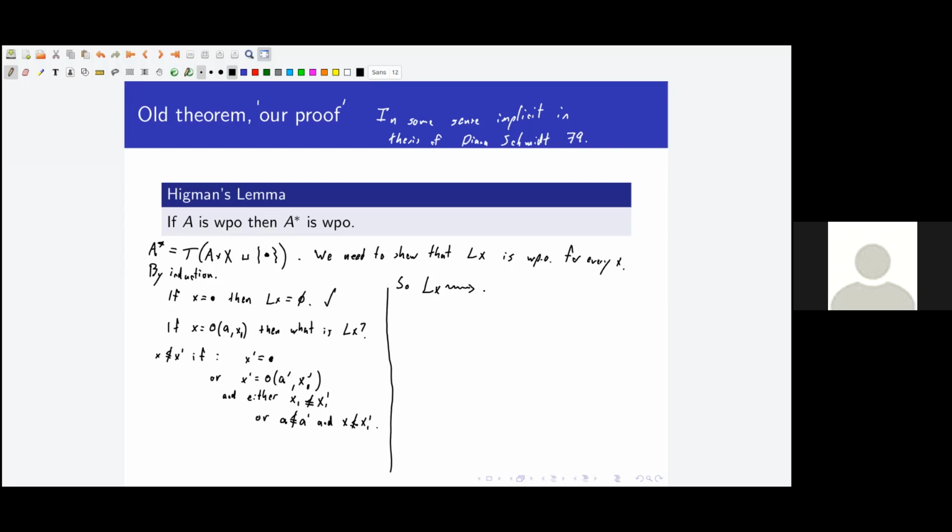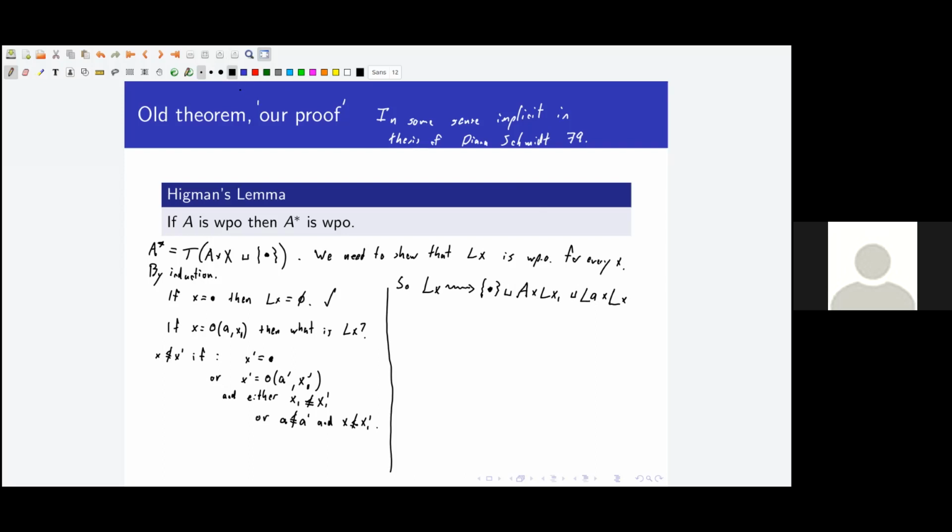But the point is that Lx goes into dot or A cross left set of X. Well, we'll keep them in order. A cross left set of X1, the substring, or L of A cross left set of X.